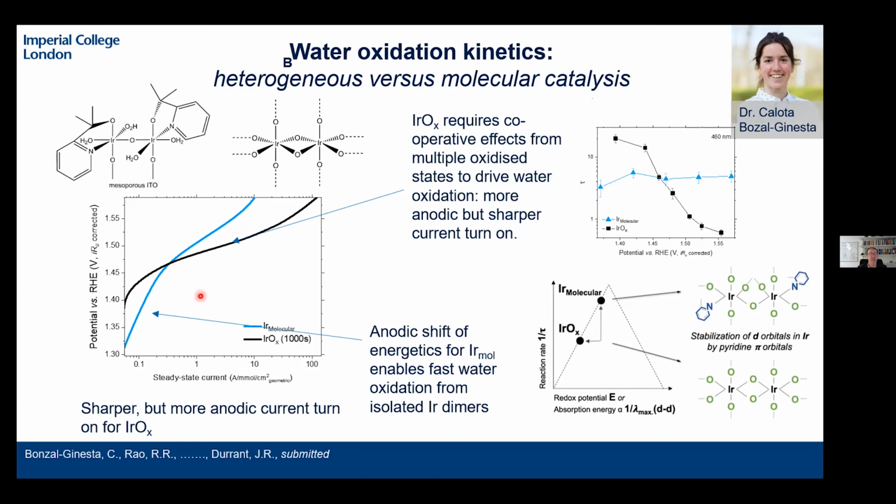And that explains why as soon as you start to generate any states, the molecular system starts to turn on water oxidation. But the iridium oxide film wins out at high potentials because then it gets all these cooperative effects between the oxidizing species. And that means the current turns on much more sharply and quickly overtakes the molecular iridium.